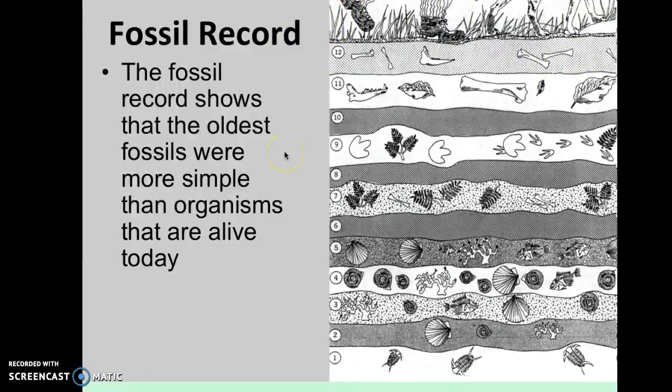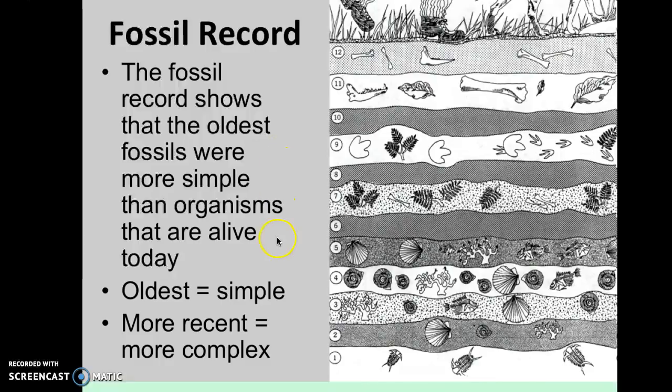And we can also see in the fossil record that as we go through these bottom older layers in the fossils that we find, like trilobites, these organisms were much more simple in their characteristics. And as we go through time on up through here, things get more and more complex. Different types of organisms start to appear. We have plants rather than just animals.